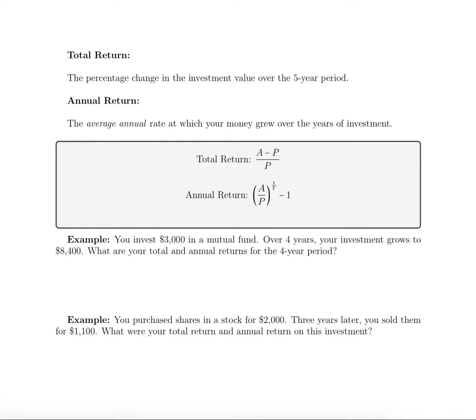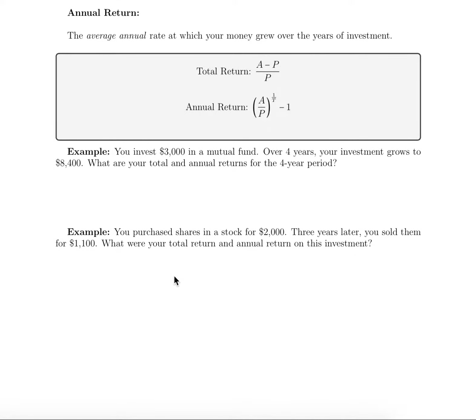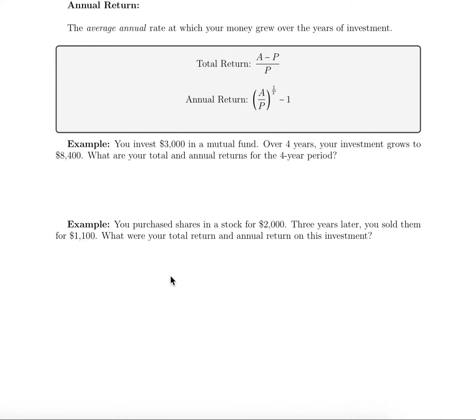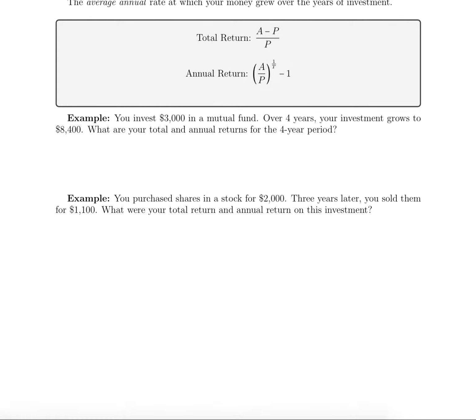So these are going to be the formulas, and we'll jump right into an example. So if we invest $3,000 in a mutual fund, over 4 years, your investment grows to $8,400.